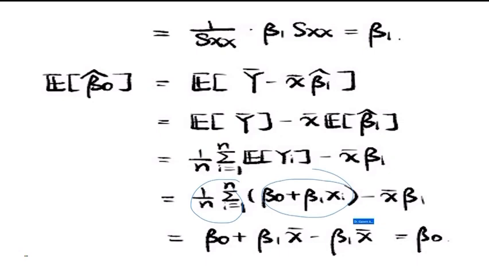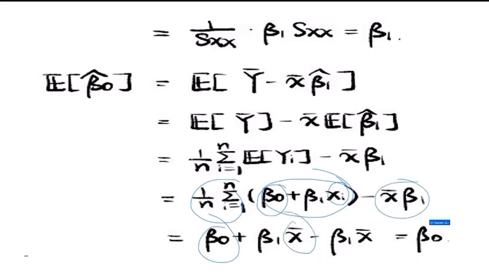When I use 1 over n summation times beta naught, it is still beta naught because beta naught is a constant. Then when I multiply x, that's summation x over n, which is x bar, the x bar we have here.